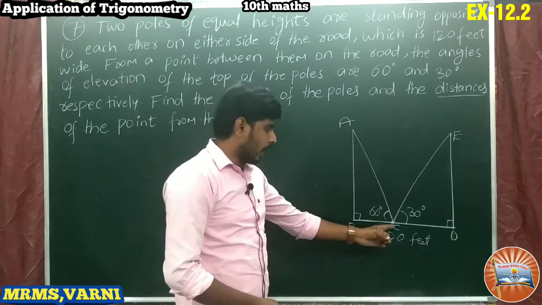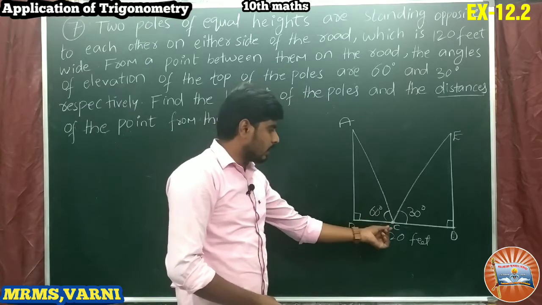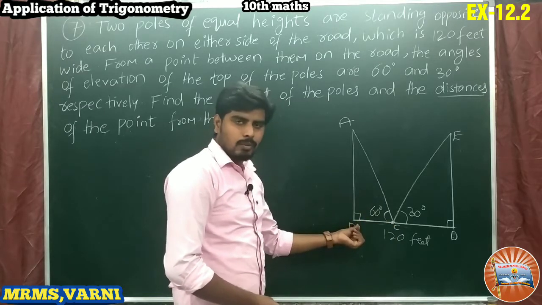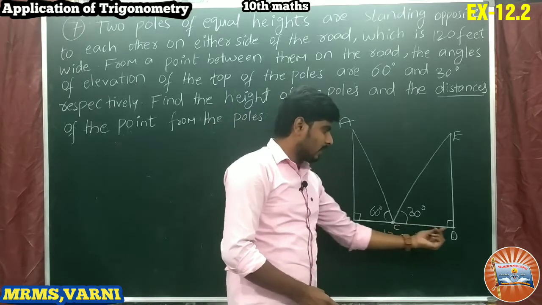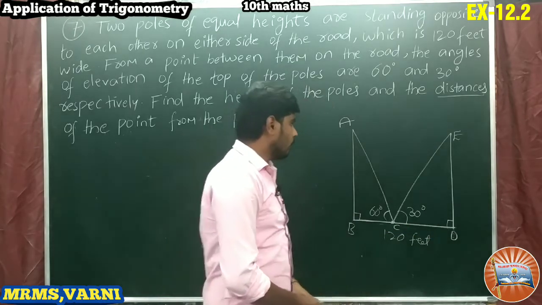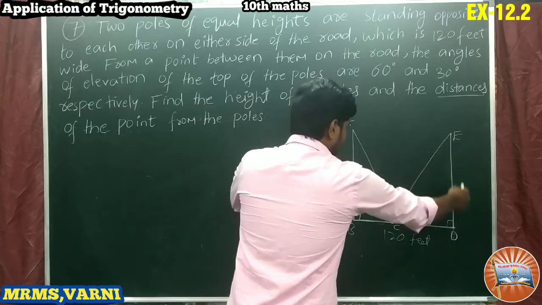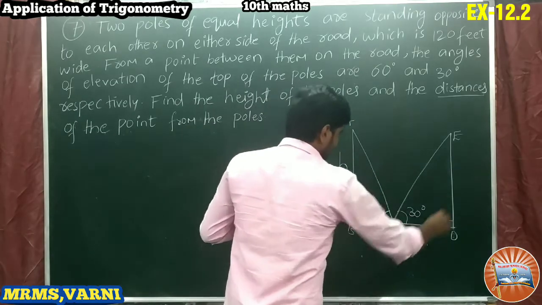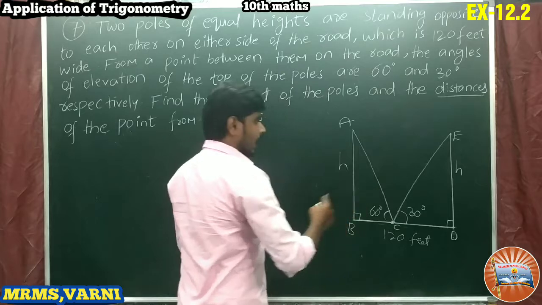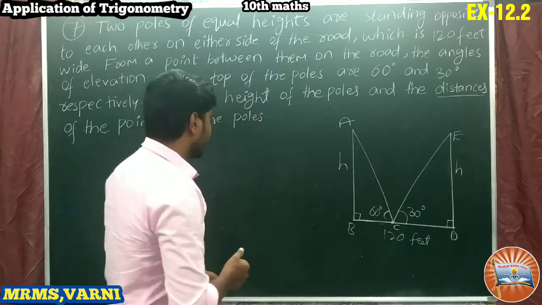So from this point we have to find the distance between this point and this pole, as well as the distance between this point and the other pole. And we have to find the height of the poles also. So consider this is H, this is also H, because they have equal heights.